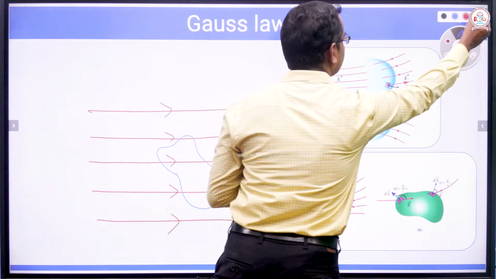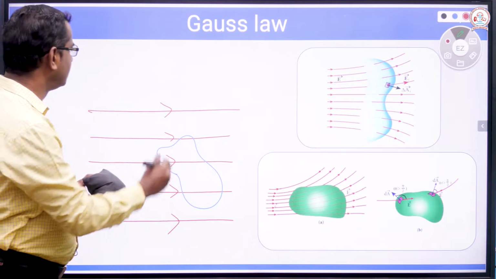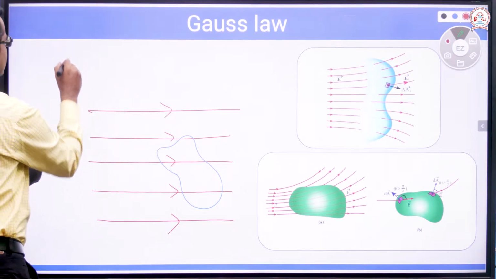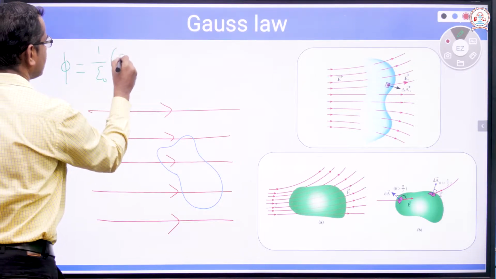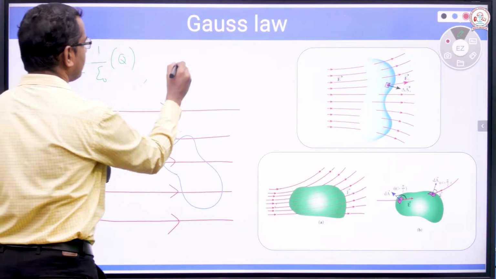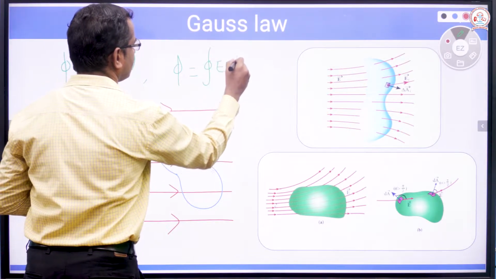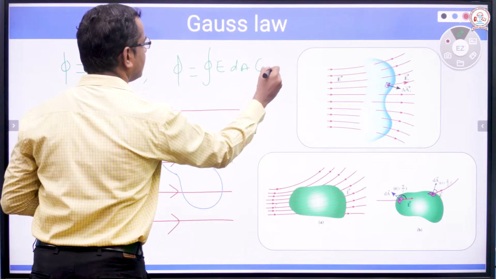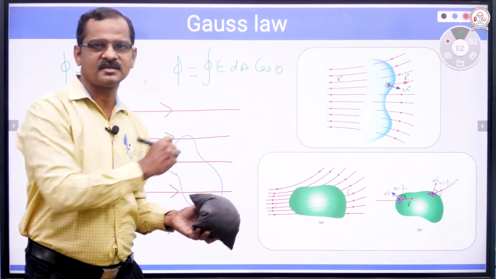Now, normal to this surface, how can we calculate electric flux? Phi is equal to 1 by epsilon naught times total charge enclosed by the surface, or phi equal to closed integral E dA cos theta, where theta is the angle between normal to the surface and direction of electric field.